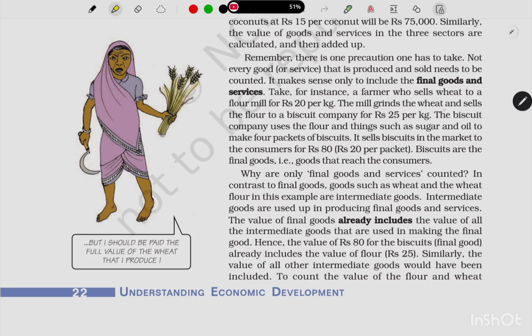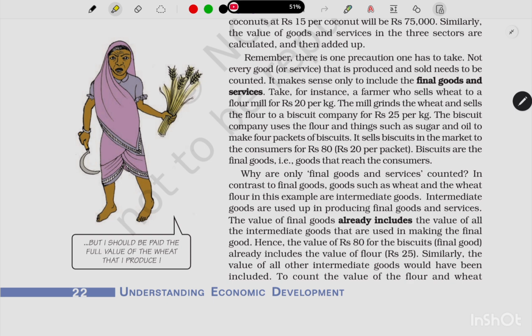The mill grinds the wheat and sells the flour to a biscuit company for rupees 25 per kg. The biscuit company uses the flour and things such as sugar and oil to make 4 packets of biscuits. It sells biscuits in the market to the consumers for rupees 80, that is rupees 20 per packet.